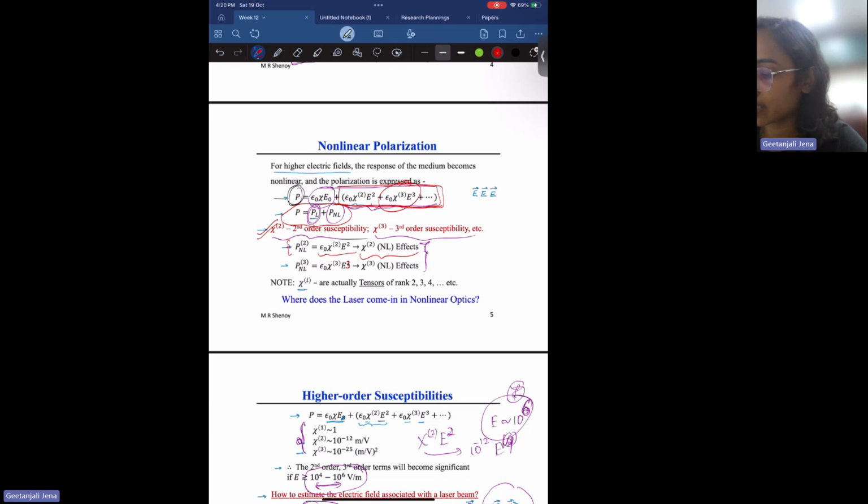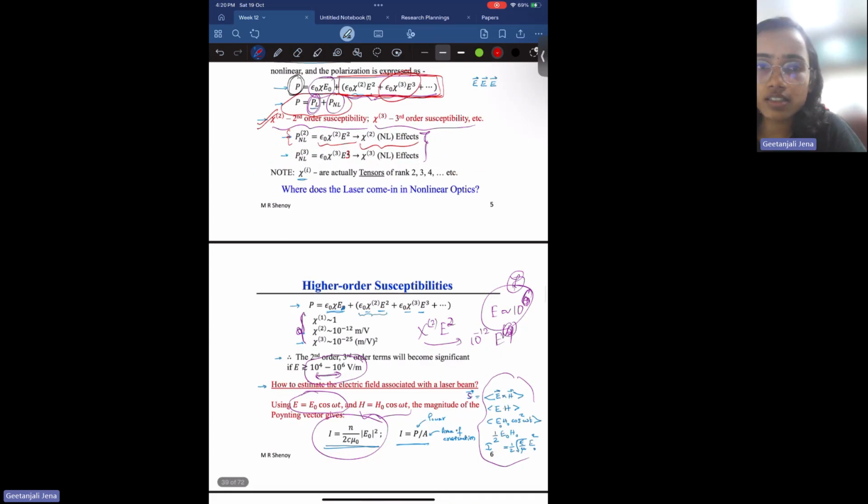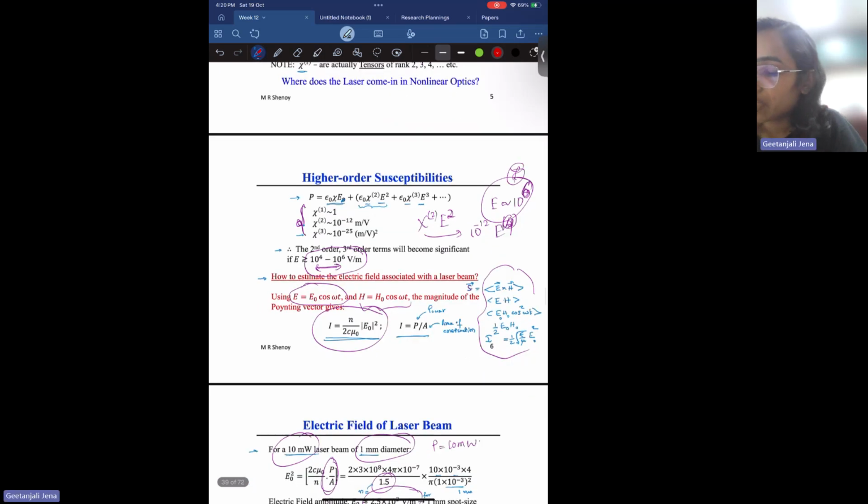It's written here, but there is a typo. So this is the chi3 nonlinear effect. We'll see how the laser comes into the picture of nonlinear optics. Let us see what the orders of chi1, chi2 and chi3 are first. Chi1 is on the order of 1, that is, 10 to the 0.